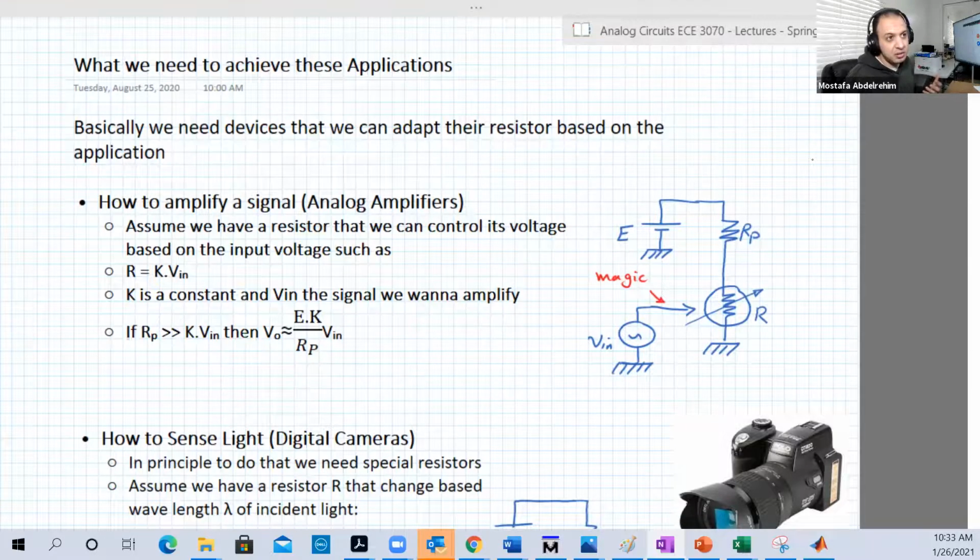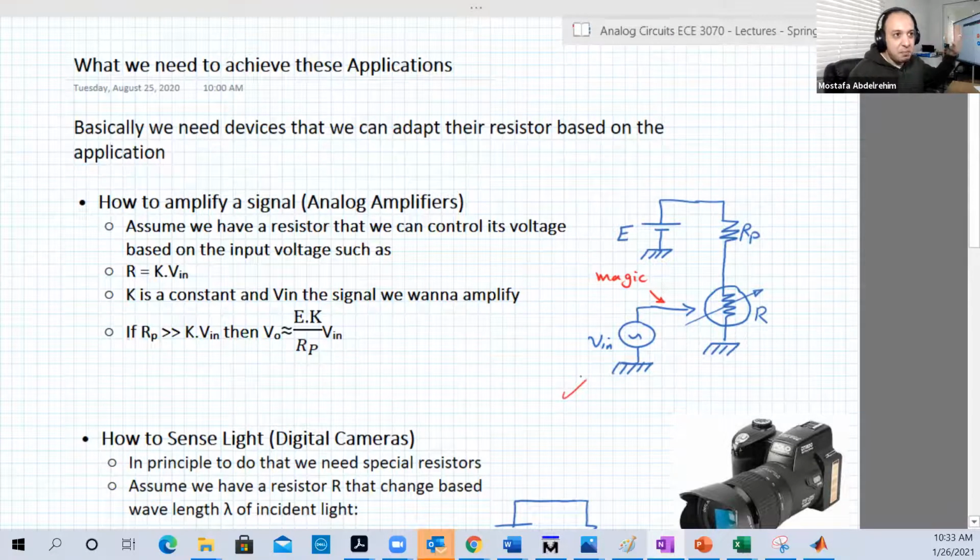But how can we do that? We're going to learn in that course many ways to do it, according to the device. I said that there are many types of transistors, and each one can amplify signals in its own way, but all can amplify signals. One of these ways is what we see here in this simple circuit.